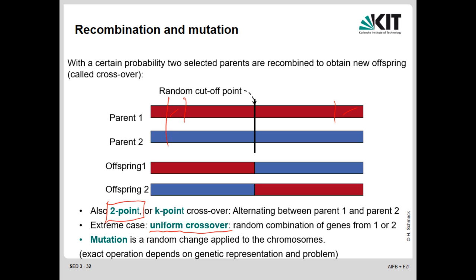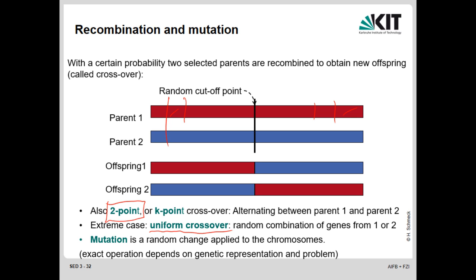But if you have two cut points, then the probability of some areas ending up in the same individual is the same for any two combinations of points that you select in that parent. And so the 2-point crossover has better properties because it's treating the individual genetic information in a more fair way than the single-point crossover.